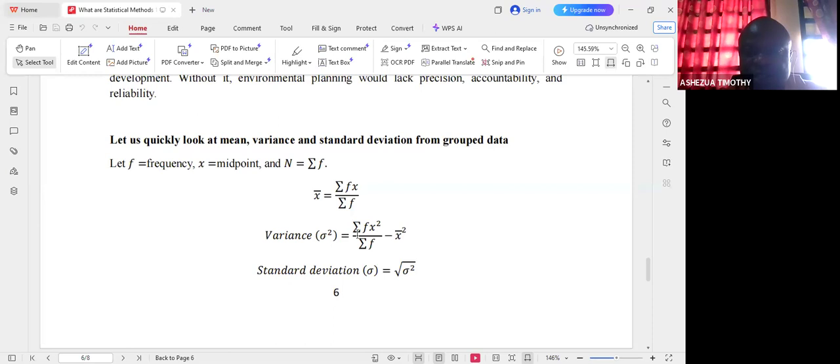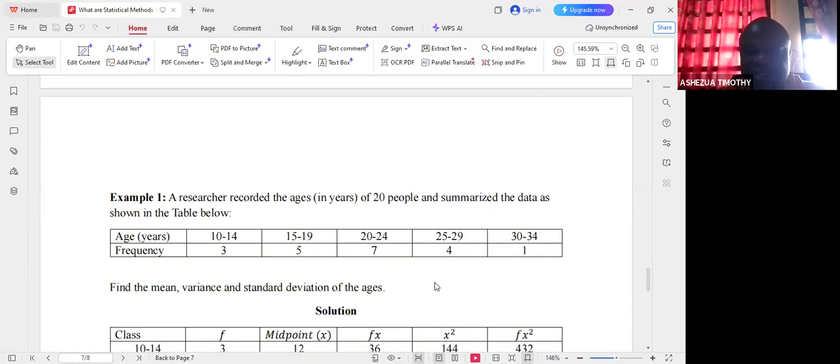Variance sigma squared is equal to the sum of F X squared all over the sum of F, minus X bar squared. Standard deviation sigma is equal to the square root of the variance. Don't be scared. When we take a practical example, you will understand what I'm talking about.